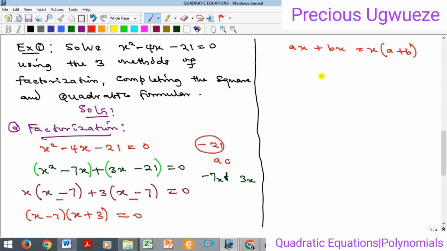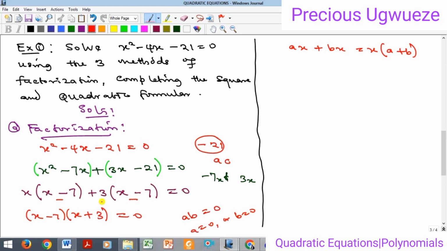So, and this is the fourth step, and the final step says that you should equate each of these brackets to 0. Why? The reason is because mathematically, if a times b is equal to 0, if you have any two things multiplying to give you 0, then it is either a is 0 or b is 0, or both of them are zeros. And so it is that condition that we are going to use.